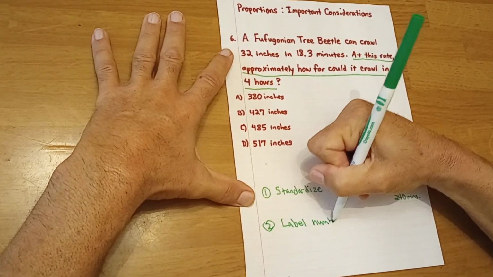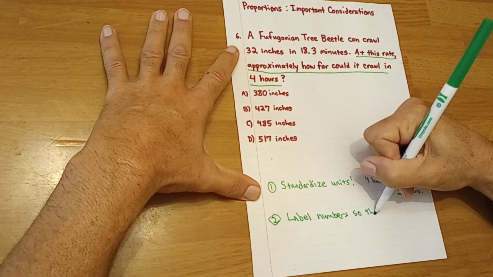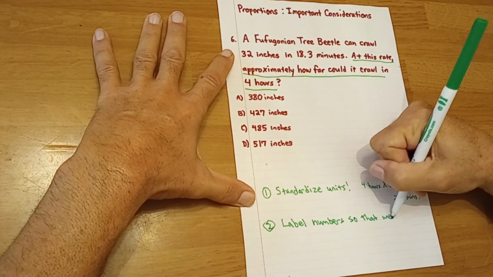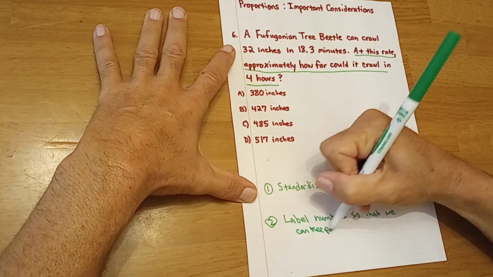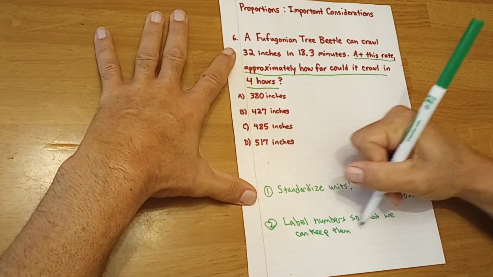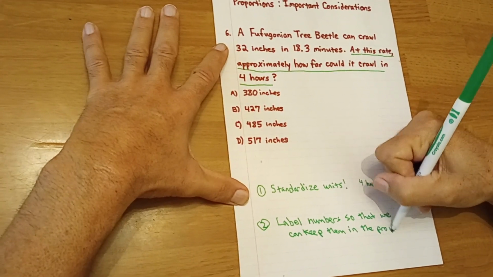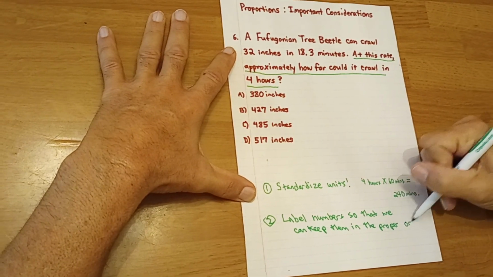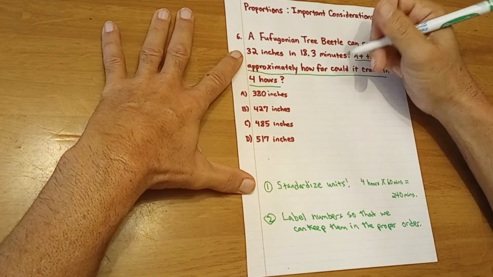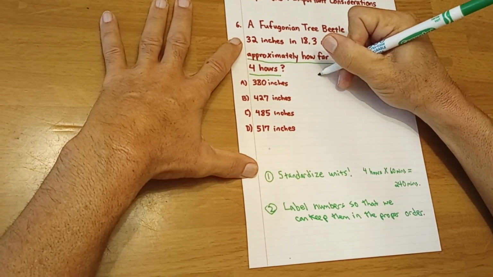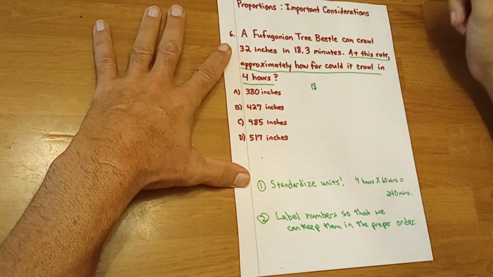The next thing we want to do is label numbers so that we can keep them in the proper order. Let's try this with this problem. Here it's 18.3 minutes.